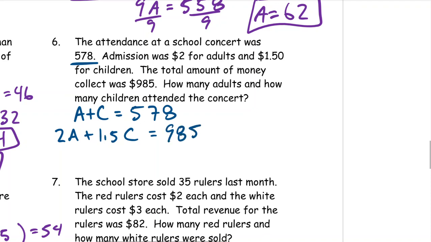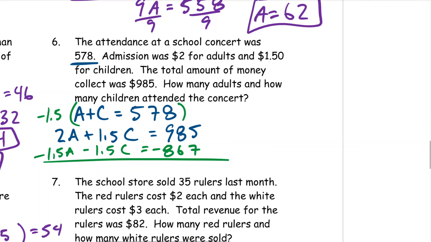So let's multiply the top equation by negative 1.5. So we get negative 1.5A minus 1.5C equals negative, and 578 times 1.5 equals 867. So minus 867.